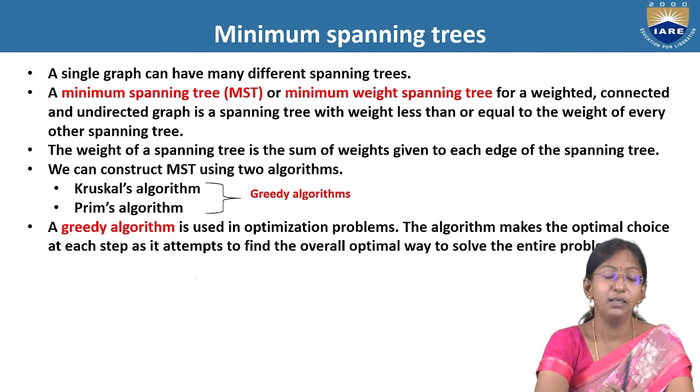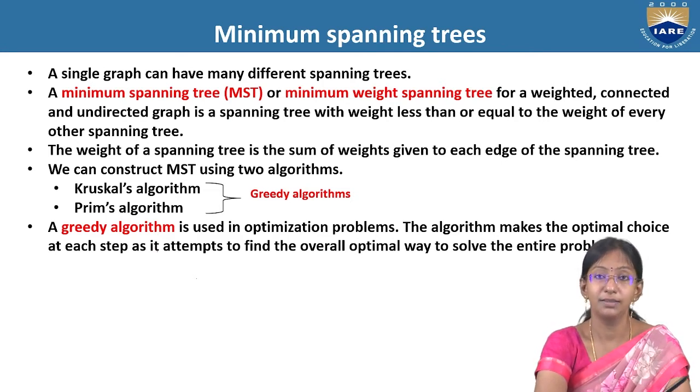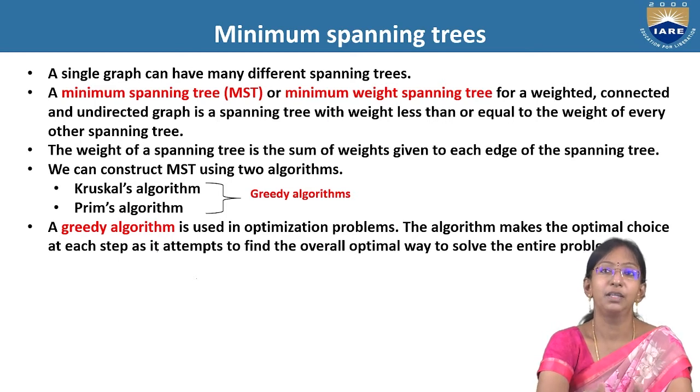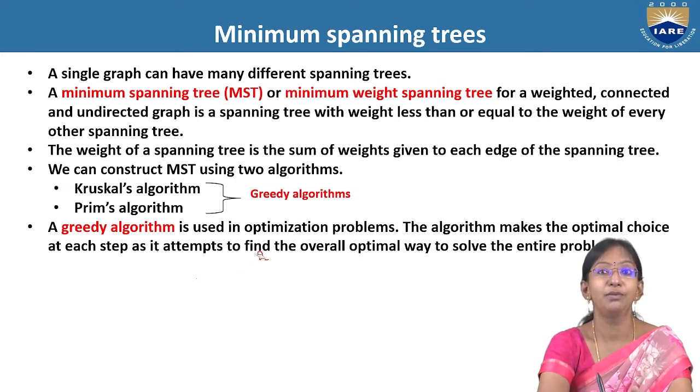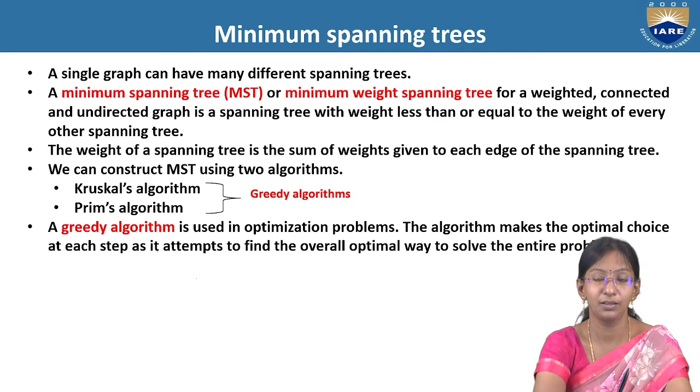So here we can construct a minimum spanning tree. As I said, if there are n number of nodes, you can have a maximum of n to the power of n minus 2 spanning trees. But I want a spanning tree with least weight. My concept of greediness is all there, right?